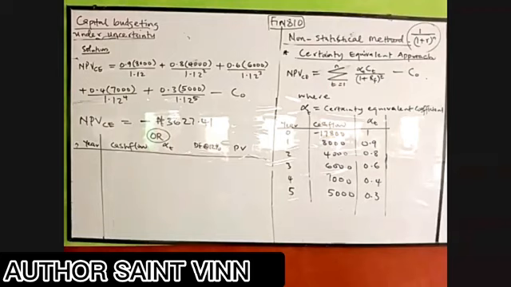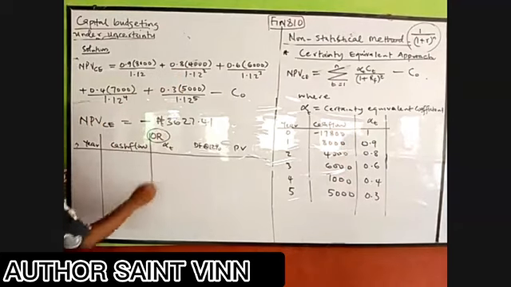What's the next? 0.8 bracket 4,000. Again, I don't go one by one; that's how I use the formula. Then you close it and you now press this, 1.12 raised to 5. Then you continue.